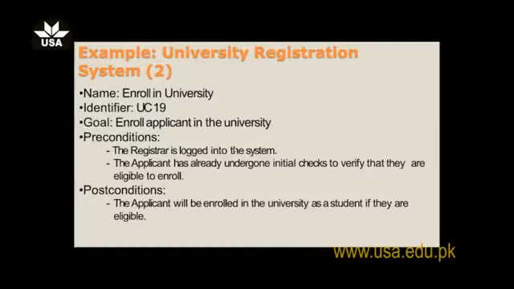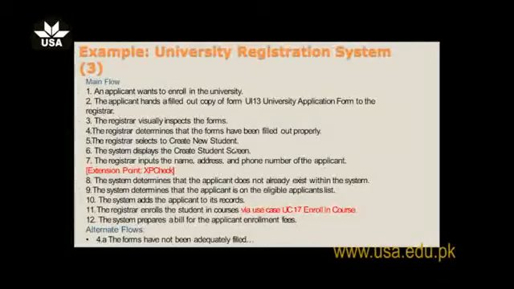The postcondition is that the applicant will be enrolled in the university as a student if they are eligible. If we are already checking the preconditions of the system, that means our student is allowed to take admission in a particular discipline or subject.